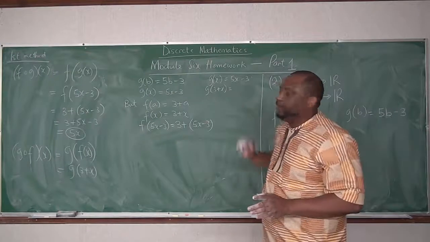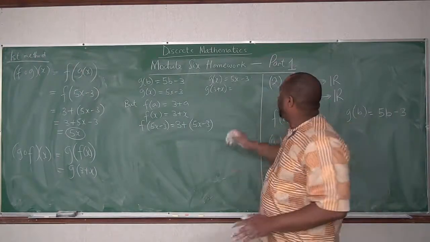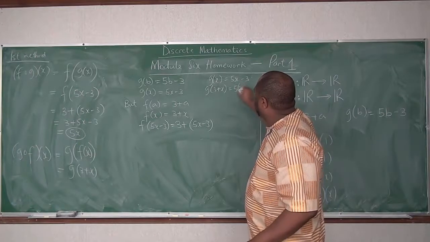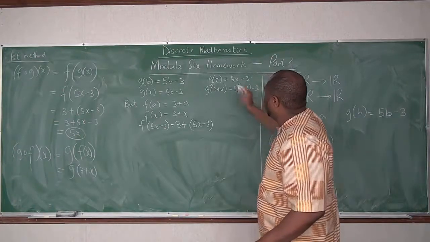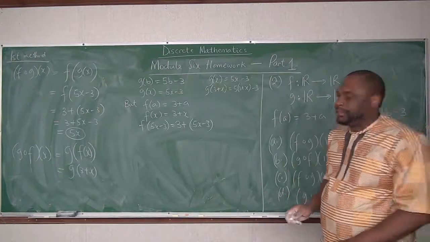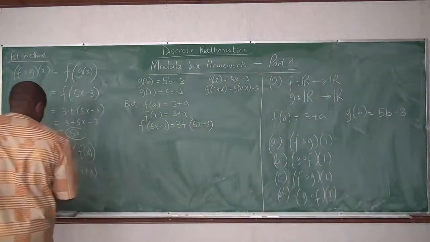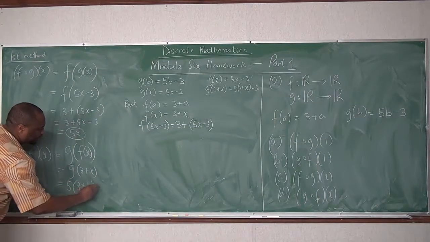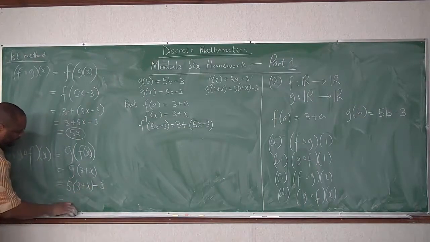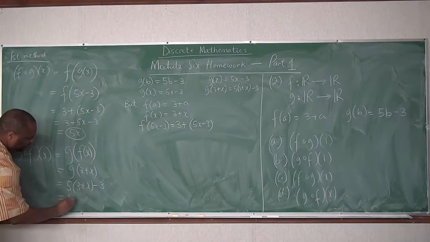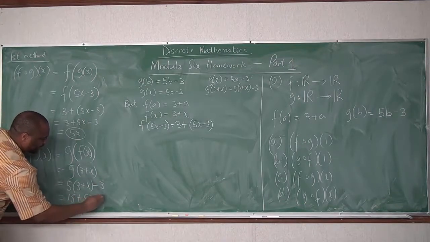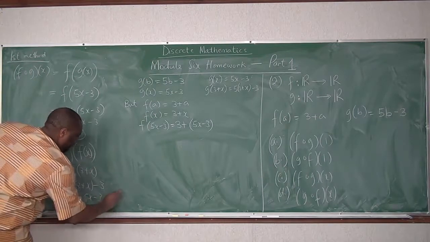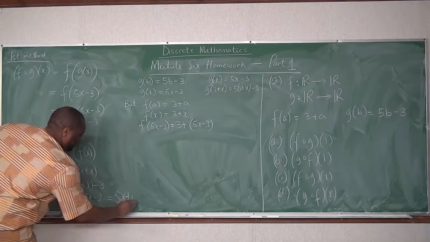So this will be 5 times 3 plus x minus 3. And that will give us, we distribute, 15 plus 5x minus 3. And that will give us 5x plus 12.